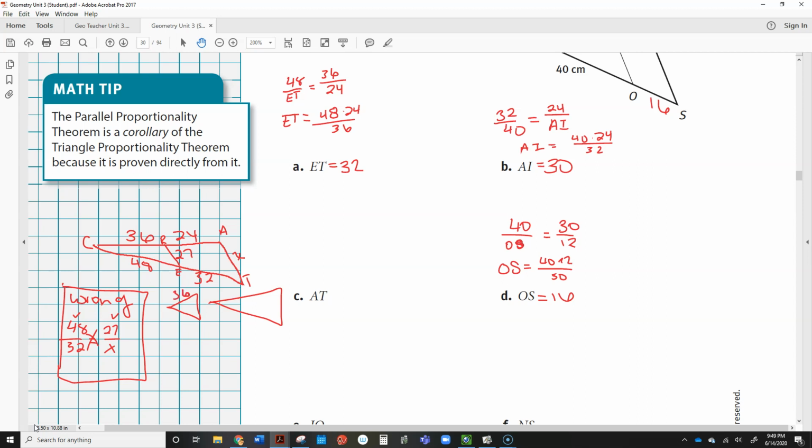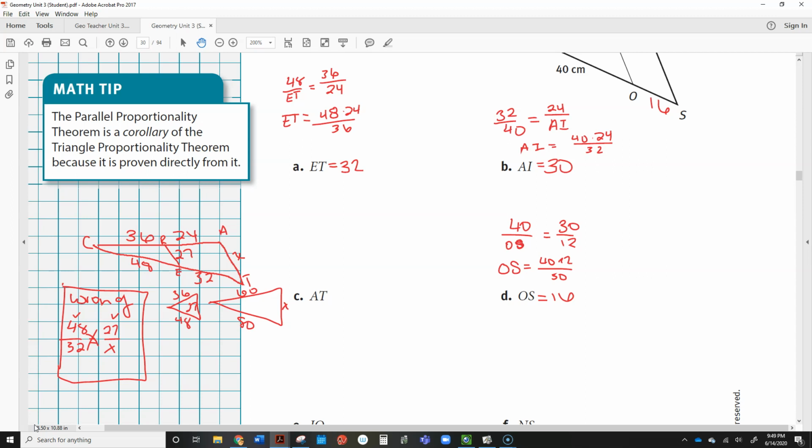So this is 36, this is 48. This side length is 60. Where did the 60 come from? I added those two together. Oh, this one was 27, sorry. And then this one right here is 80, and then this is x.